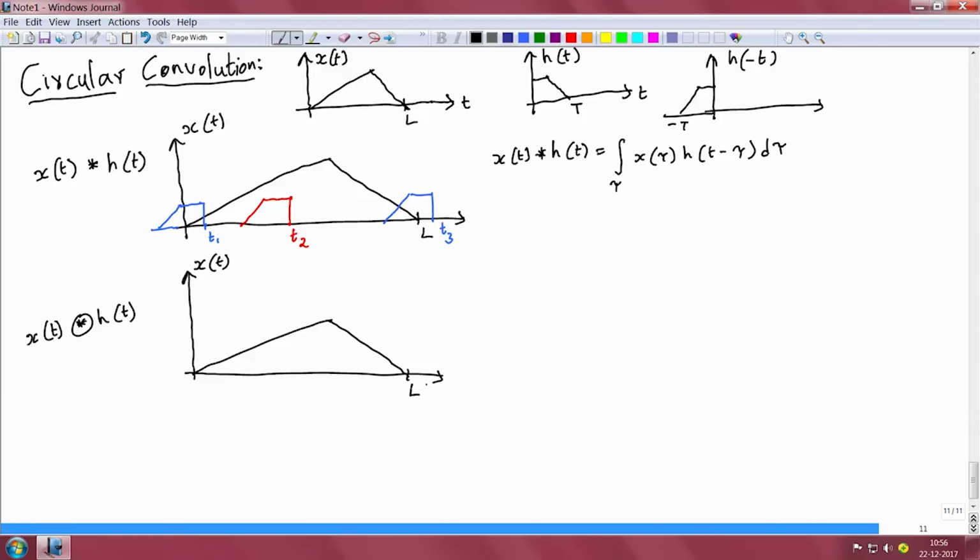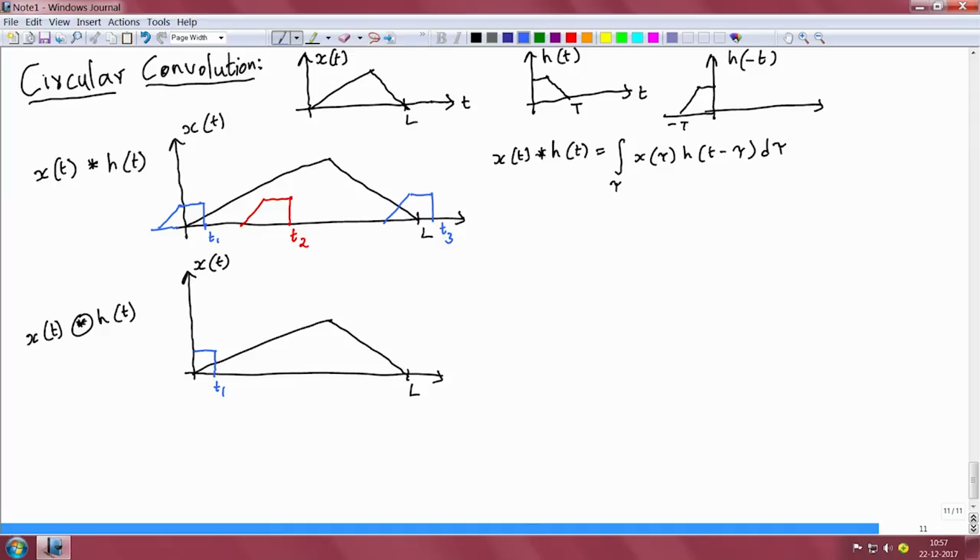So, when we are performing this circular convolution, what we do is see this translate at time t1. In this particular case, we take the same filter response t1.